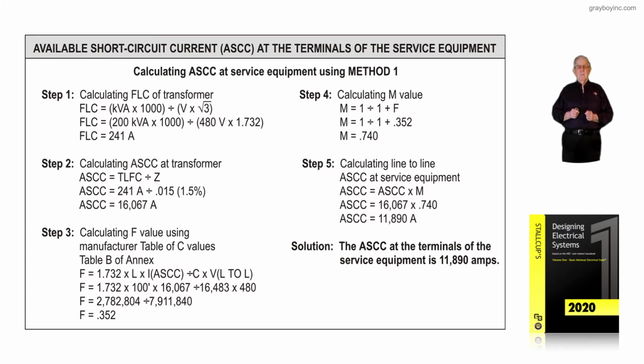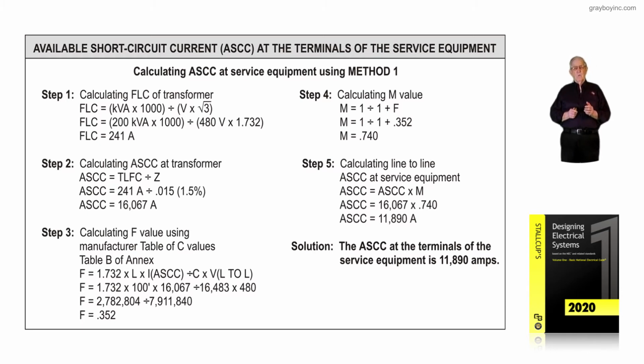Now notice the F factor is taking 1.732, the square root of 3, times the length of the run from the transformer to the main in the switchgear, times the amps. So that's divided by the C factor that we find in the table of C values in the design book, or go to the Bussmann book, and it's line to line based upon the conductors being pulled through metal conduit.